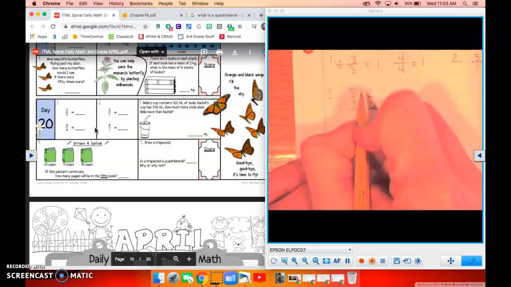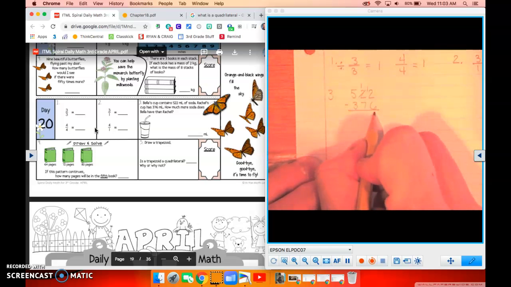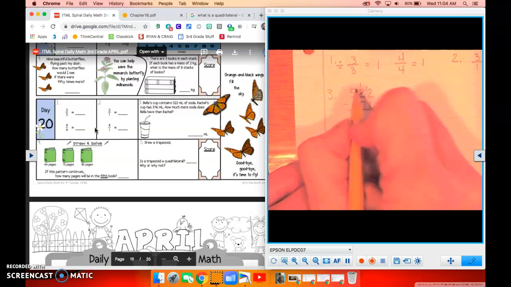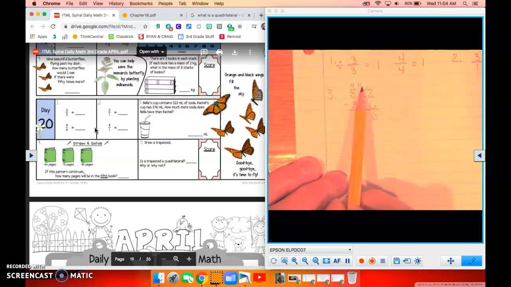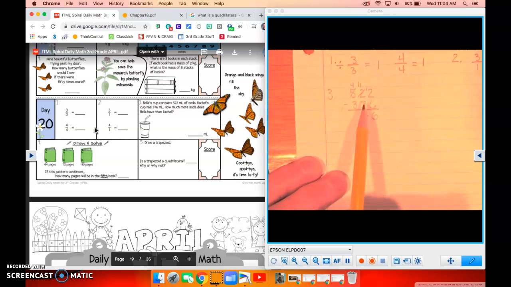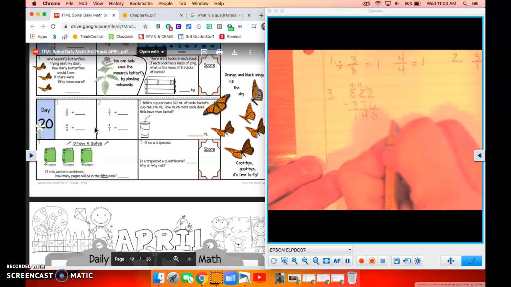We got to borrow from next door. 12 minus 6 is 6. Very good. There's more on the floor. Borrow from next door. 11 minus 7 is 4. 4 minus 3 is 1. So it's 146 milliliters.